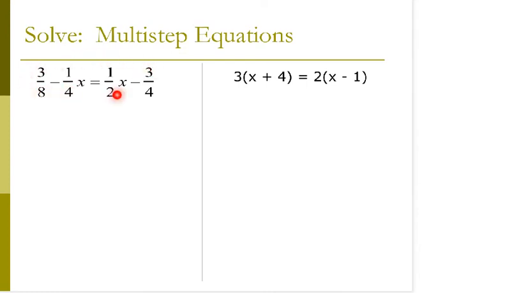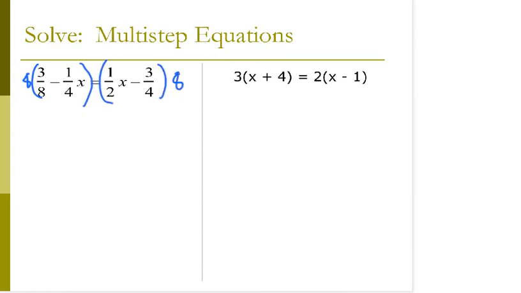The least common denominator for all of these fractions is 8. That would be the common denominator we could use for all of these. So what if we multiplied by that number? So 8 times this whole side, and this whole side times the same number to keep our property of equality.